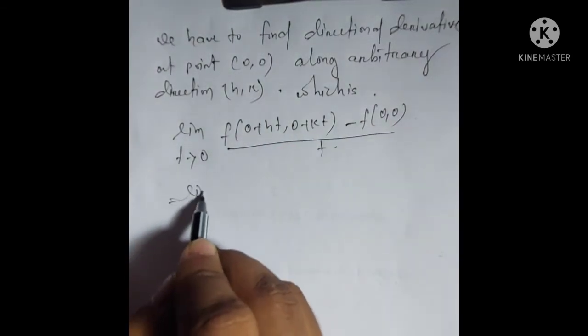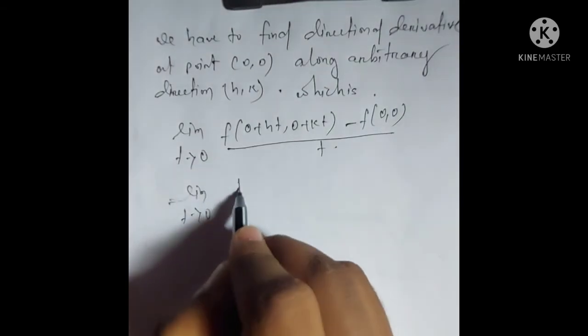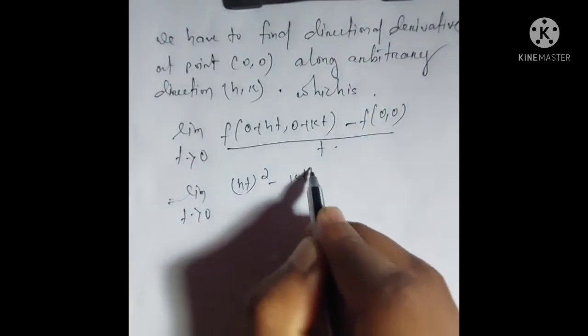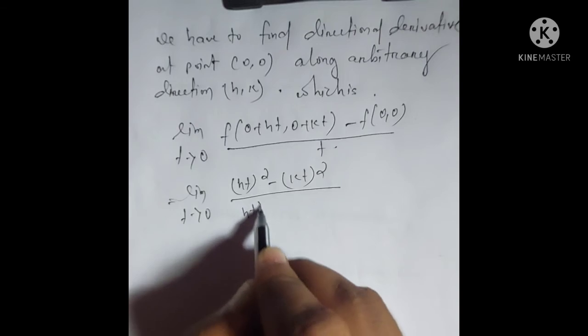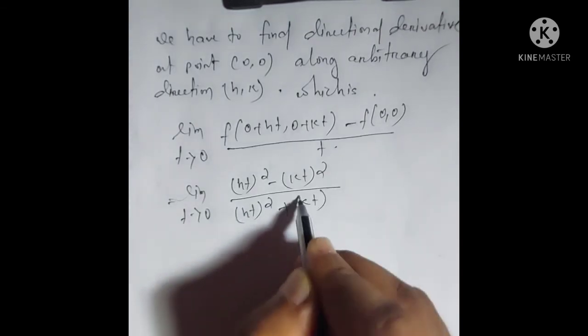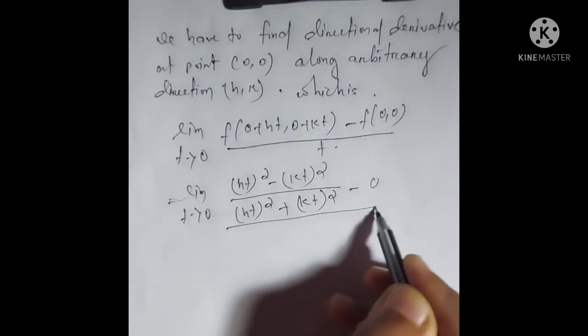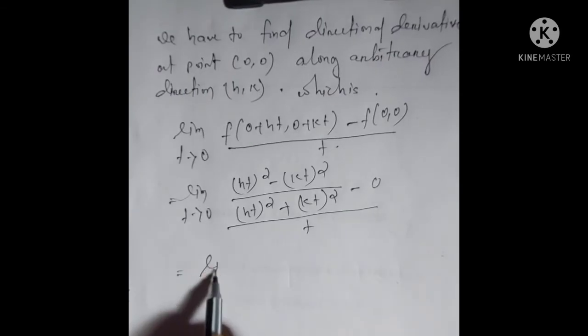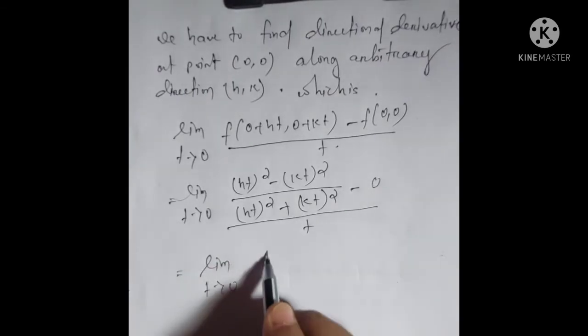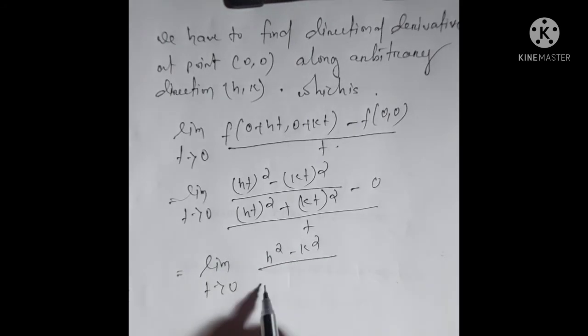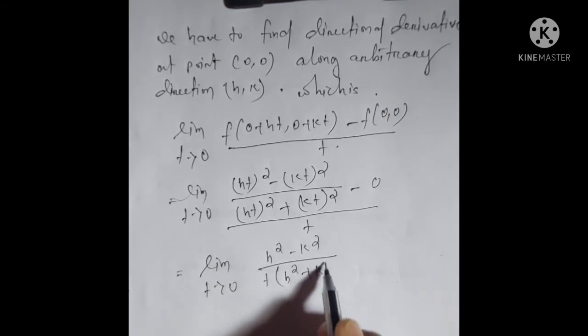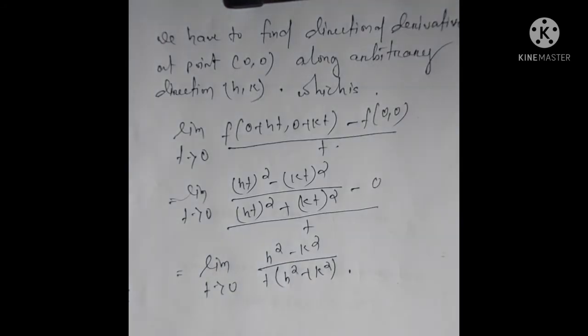This is equal to the limit as t tends to 0 of (h² − k²)/(t(h² + k²)).